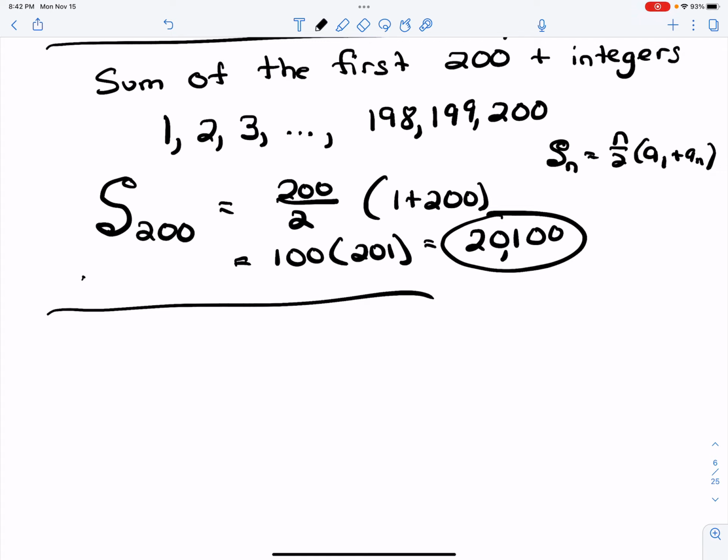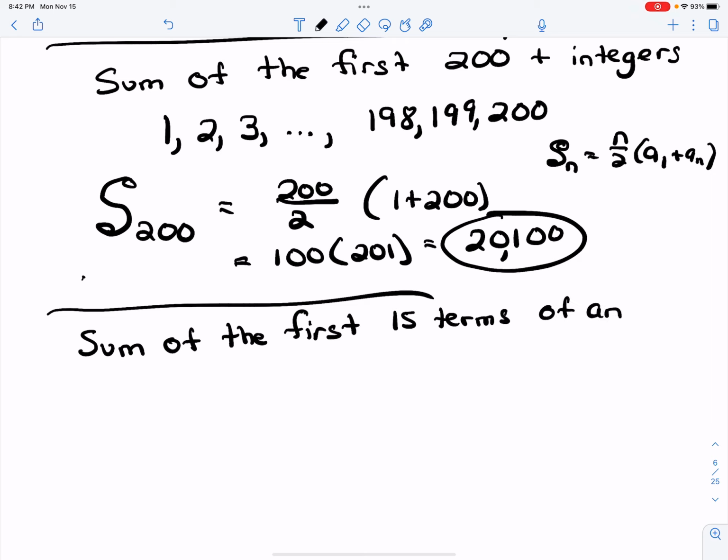Let's see. Another one. The sum of the first 15 terms of an arithmetic sequence is 345.